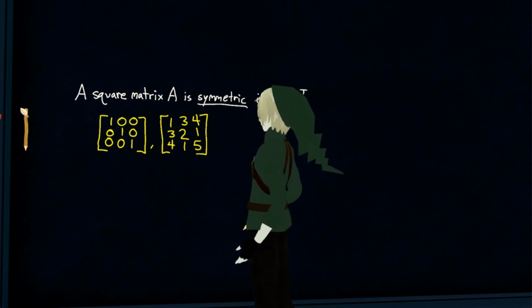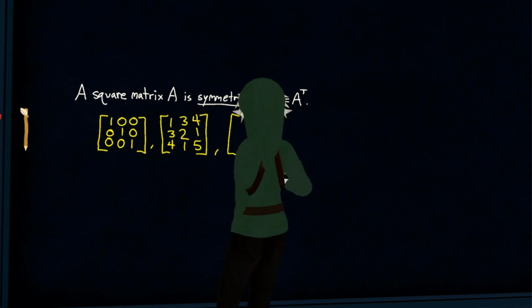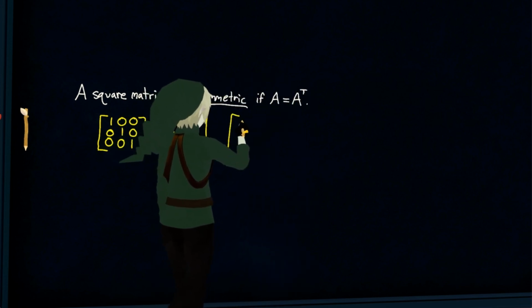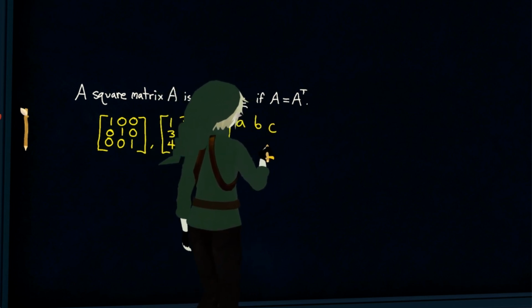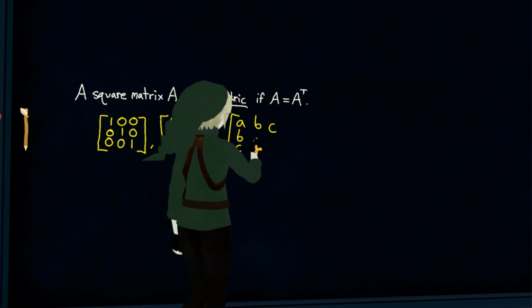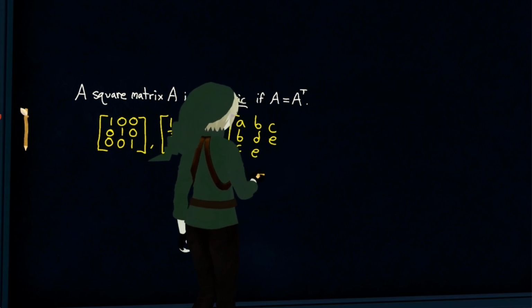Symmetrical square matrix. And now if we put it in letters, like generalizing it, right? We have A, we have B, C. Then we also have to put B, C here. D. If I put E here, I have to put E here as well.